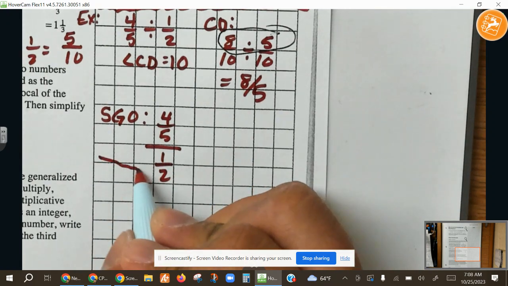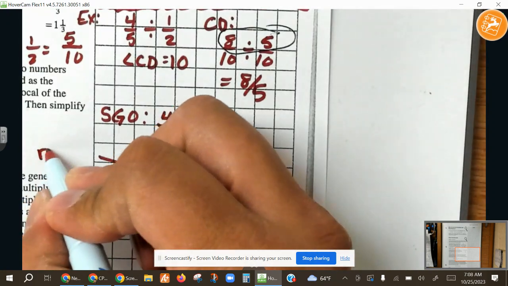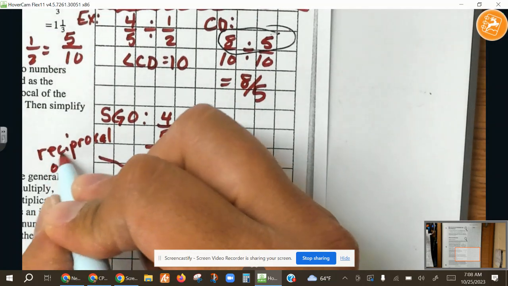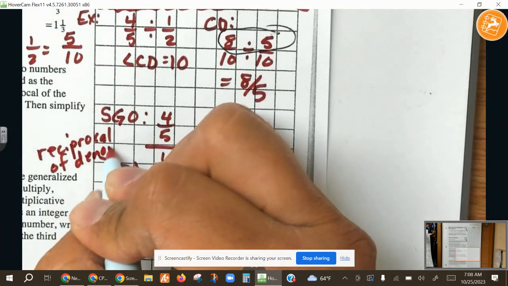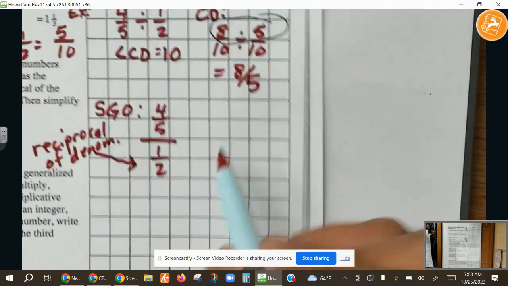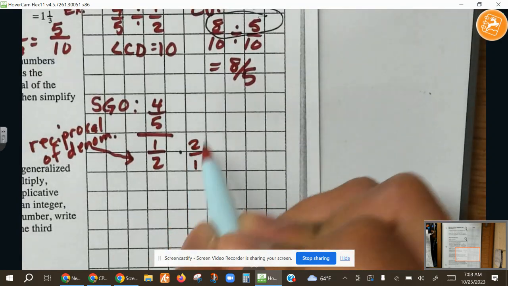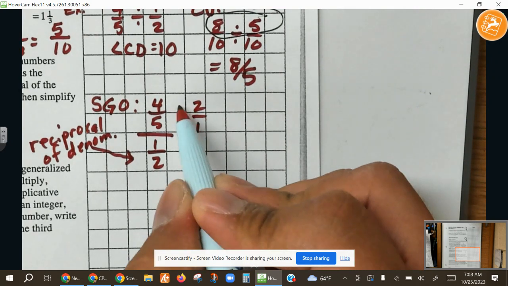Okay, so let's put that note down just for ourselves. Reciprocal of the denominator. All right, so the reciprocal of 1 over 2 is, if you said 2 over 1, you are correct. So that is our supergiant 1.